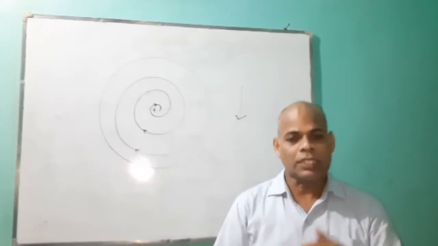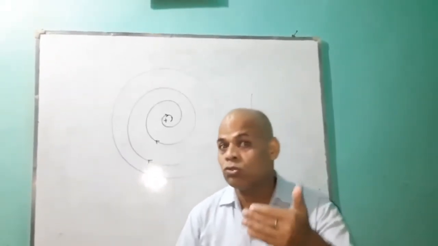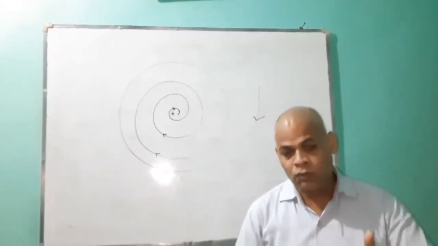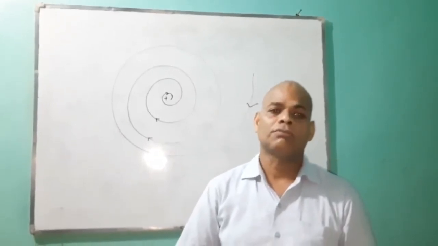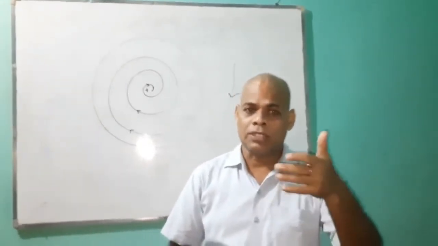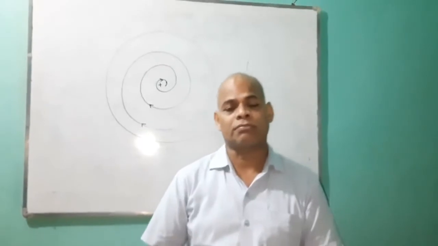It means that in a continuous manner the electron will lose energy. If the electron continuously loses energy, then what will happen? The energy of the electron decreases in a continuous manner.